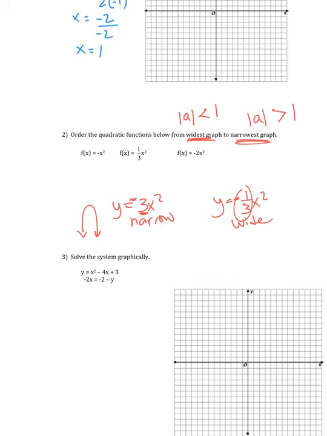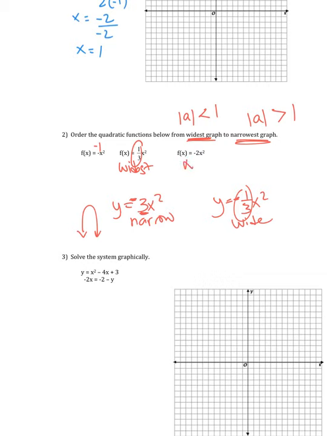So if you look at these coefficients of x squared, you have -1, 1/3, and -2 in the problem. So the widest one is going to be the one with the absolute value that's the smallest number. So the smallest number is 1/3. This is going to be the widest. The one that's the narrowest is going to be the one whose absolute value is the largest number.